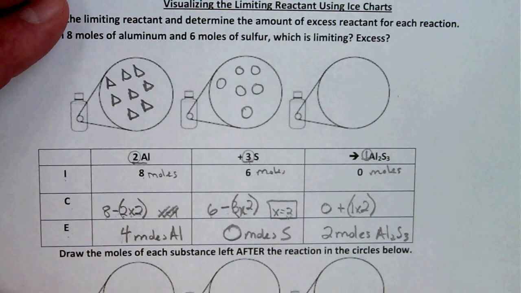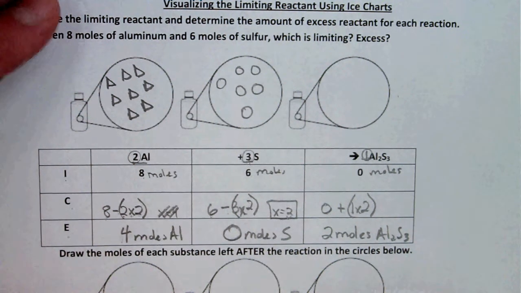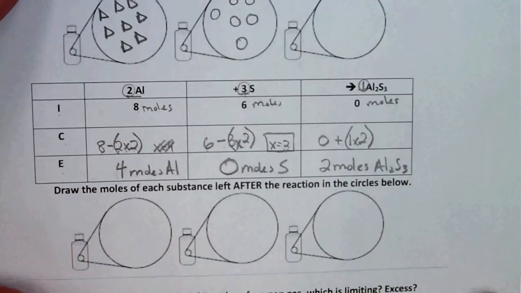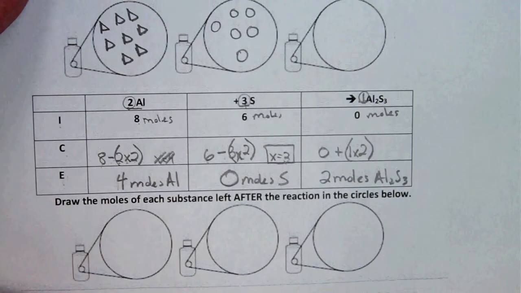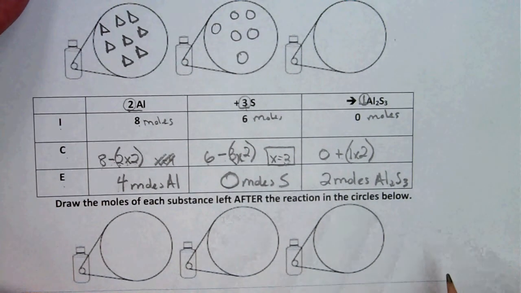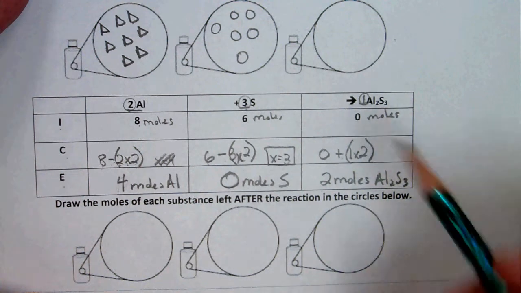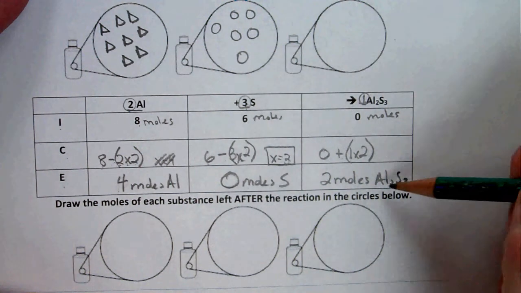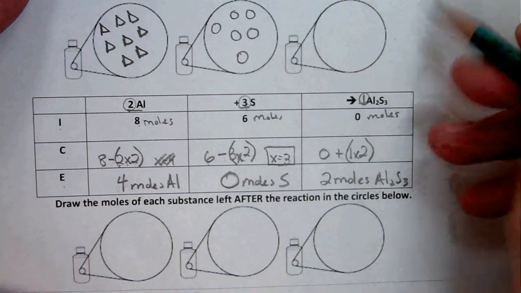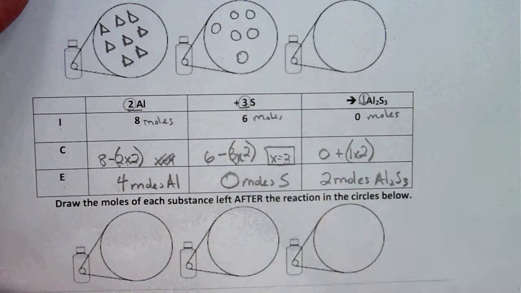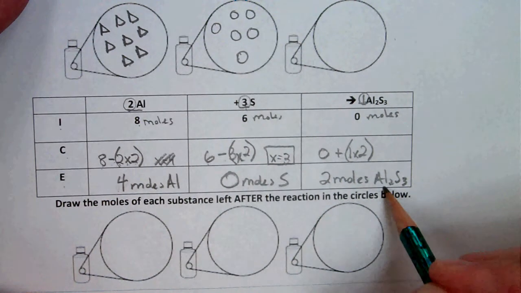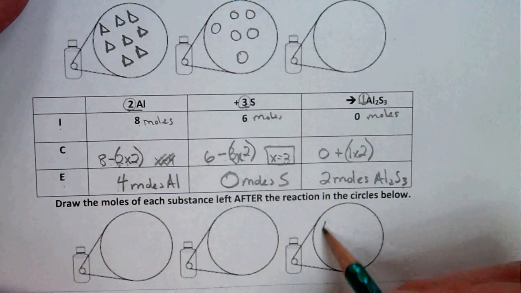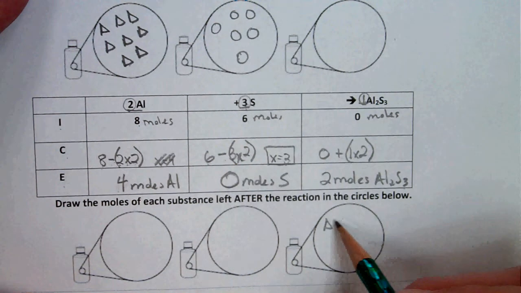Okay, now another way to get to these same conclusions would be to draw some pictures. So I want to draw those pictures here, and you'll see that this will confirm the numbers that we just arrived at. So if I'm going to build aluminum sulfide from triangles and circles, I need 2 triangles for every 3 circles.